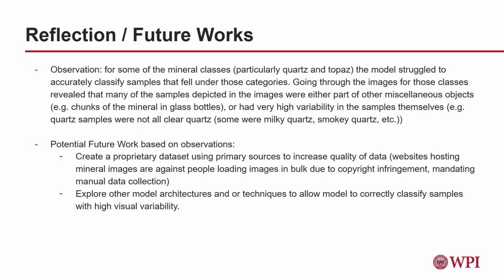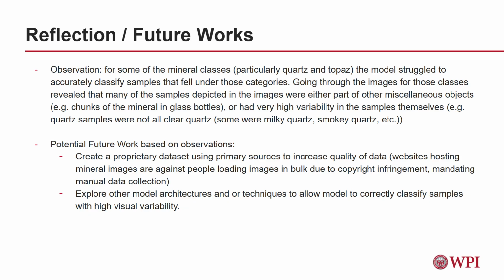And upon going through the samples for those classes, we found that although those mineral classes had the biggest amount of unique images, many of the samples depicted in the images were either part of other miscellaneous objects, for example, some of the chunks of the mineral were placed in glass bottles, which probably threw off the prediction, or had a very high variability in the samples themselves, where, for example, once again, the quartz samples were not all clear quartz, but some of them had different variations of quartz, such as milky quartz and smoky quartz.